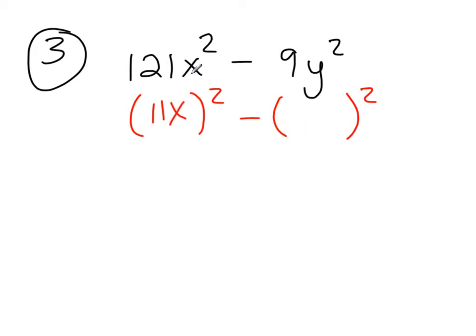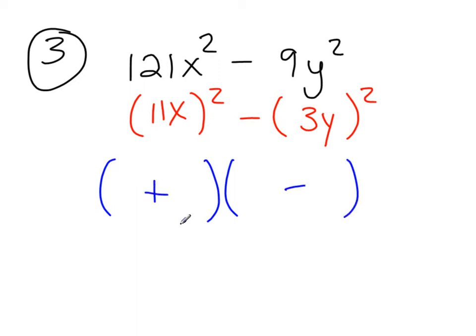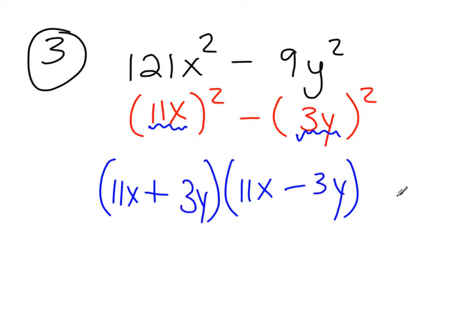X times x is x squared, so 11x, that quantity squared, is the same thing. And 9y squared, we could write as 3y squared. 3 times 3 gets us 9. Y times y is y squared. So it is a difference of squares. So it'll factor perfectly to the product of a sum and a difference, in which our a is 11x and our b is 3y. And we're done.